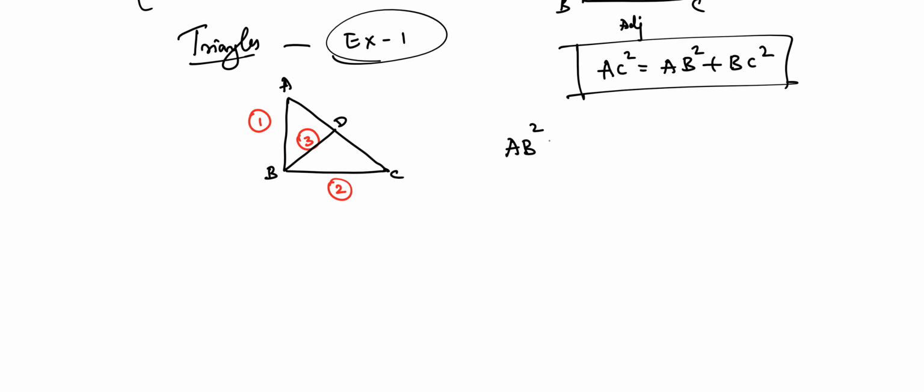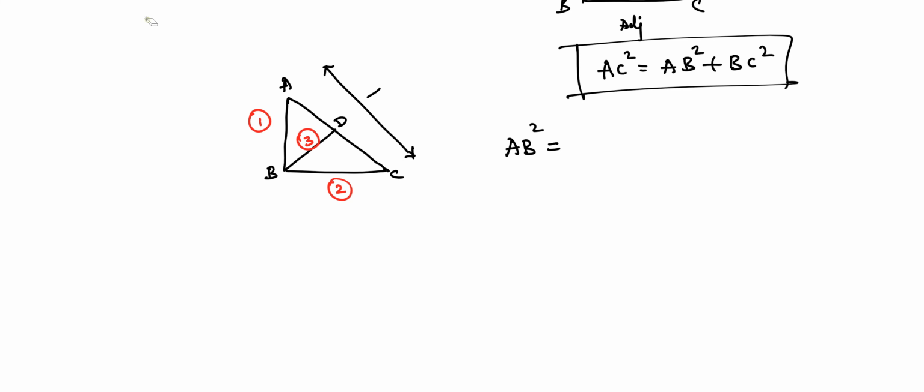So AB square is equal to, can you see this AC? I will call this AC the full side. What is AC? Full. What is AD? I will consider this AD as the first half. I am considering AD as my first half and CD as my second half.